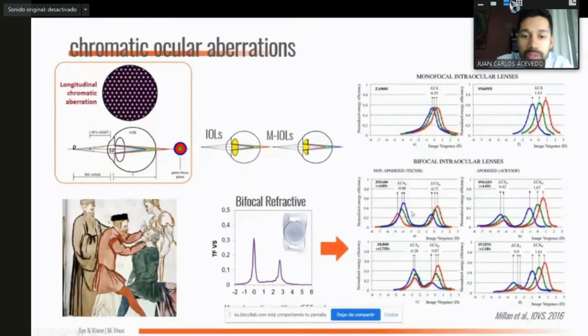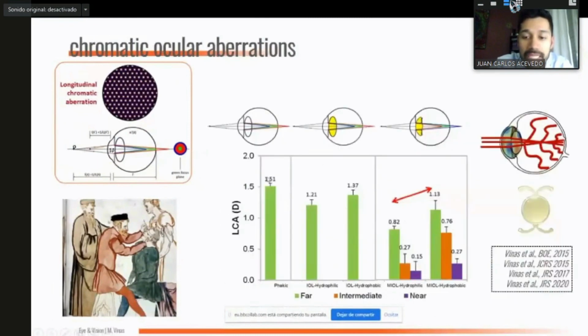However, with multifocal lenses, observe how the wavelengths shift in different directions, changing the order in which they are distributed. This is important to understand the process of adapting to new multifocal vision, which not all patients can achieve.